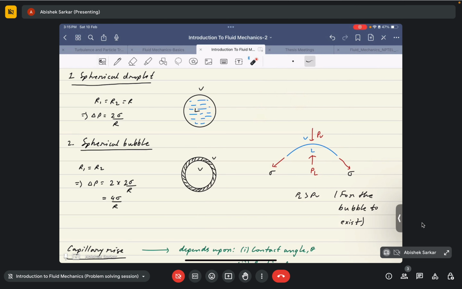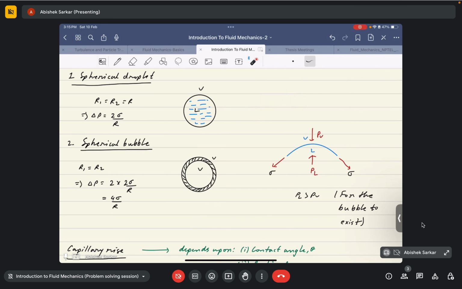Why? Because for a given volume, the sphere has the least surface area. That's the first thing, and that happens because of the cohesive forces inherent to the water molecules that maintain its integrity, the cohesive forces exerted on its surface, right? As you rightly mentioned at the start of today's session. Okay, is it clear? Yes, sir.